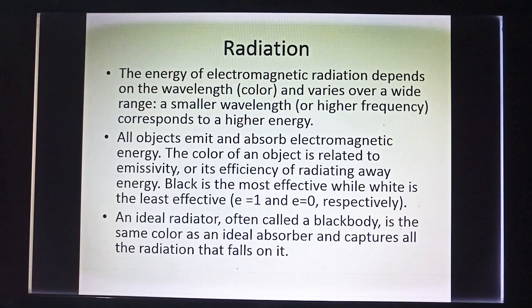A black body example is your black shirt, black stone. So if you are wearing any black shirt, again you can feel the hotness because black absorbs heat more compared to other colors of shirt.